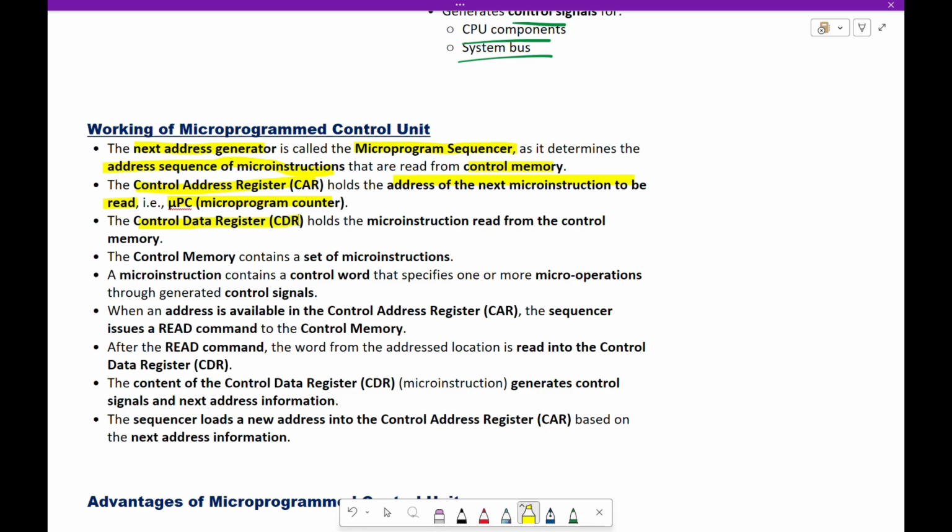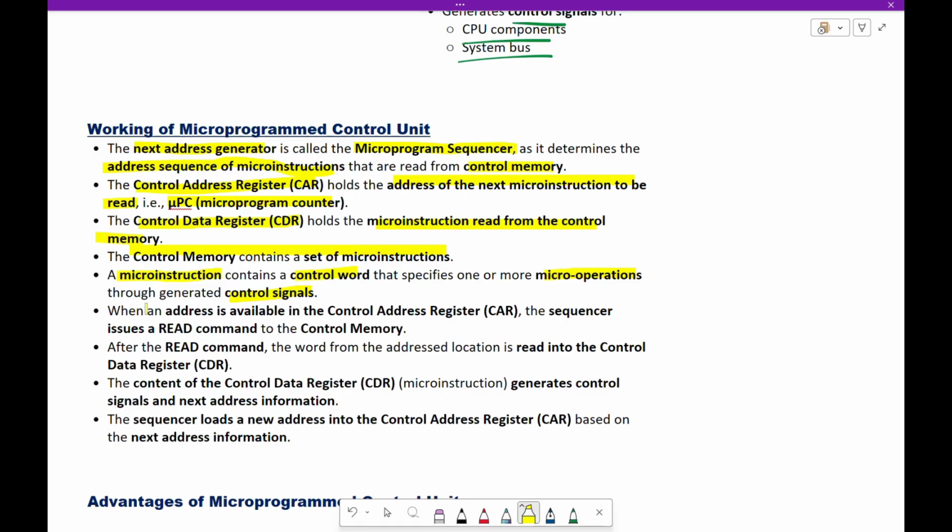The control data register holds the microinstruction read from the control memory, and the control memory contains a set of microinstructions, and each microinstruction contains control words specifying one or more micro operations through the control signals.